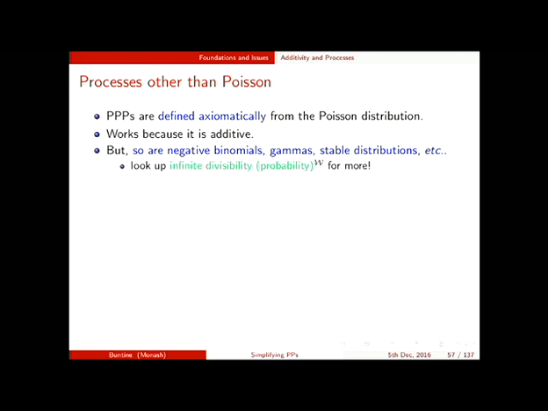But, you know, we actually don't stop here. I've talked about a Poisson point process. You can have a gamma process, a stable process, a Dirichlet process. They're all done in exactly the same way. No difference.